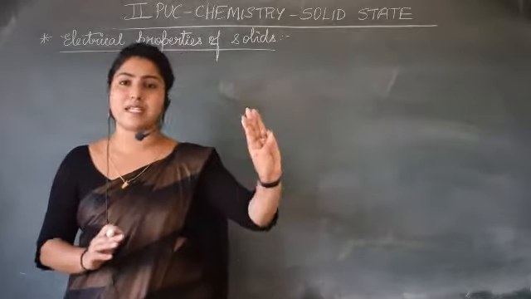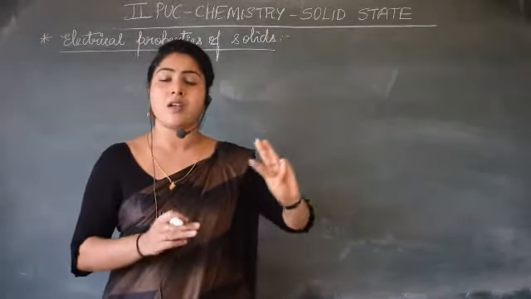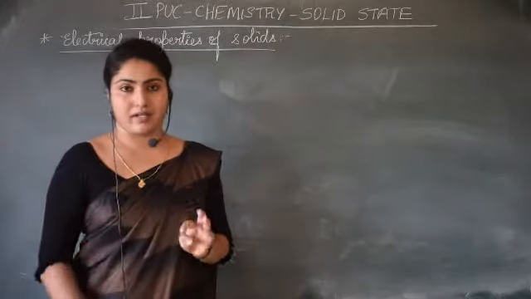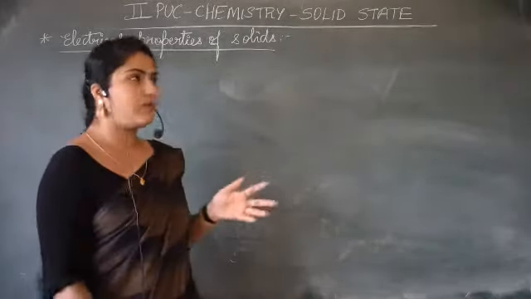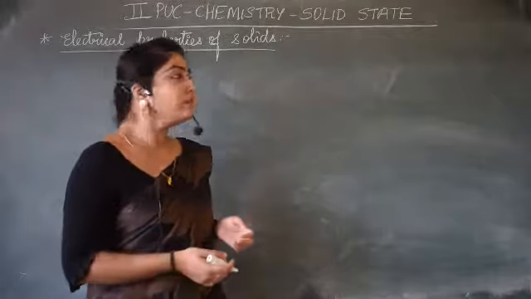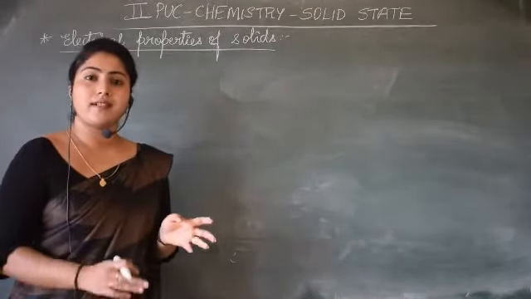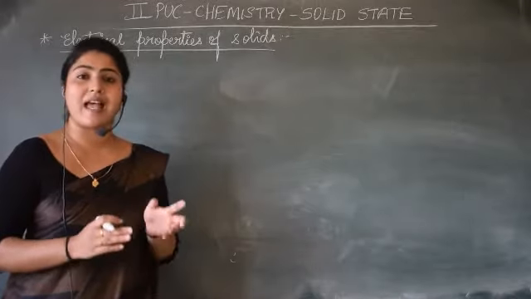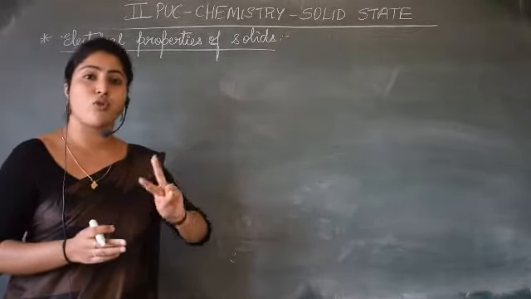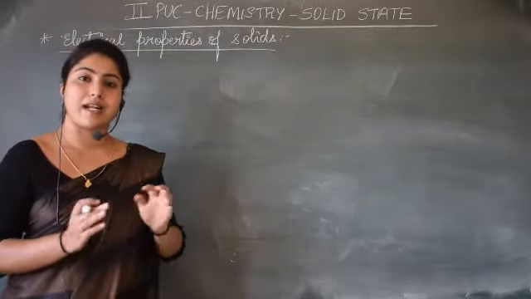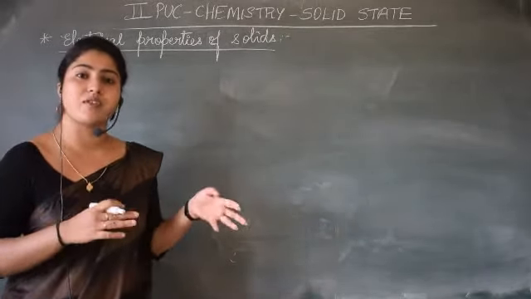Now here we will be seeing the electrical properties of solids. Mainly we will be considering three important terms here: conductors, insulators and semiconductors. So you'll be aware of these terms. However, electrical properties of solids means here the solids have an ability to show electrical conductivity ranges. There are electrical conductivity ranges for different types of solids.